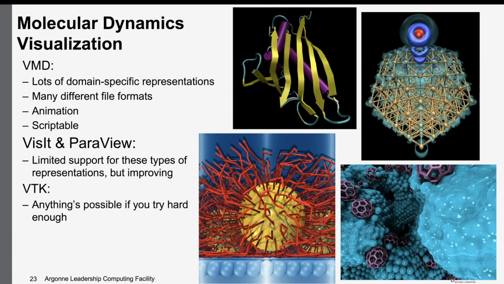VisIt and ParaView have limited support for molecular data. Over time they've added additional capabilities, but they still maybe lack some of the specific types of domain-specific representations, like ribbons and such that I mentioned. But those are improving all the time. And again, VTK, anything's possible if you try hard enough.